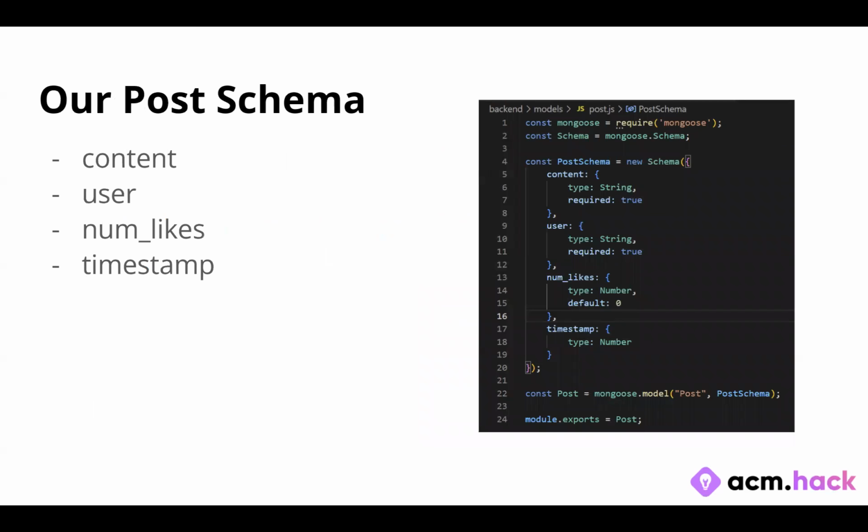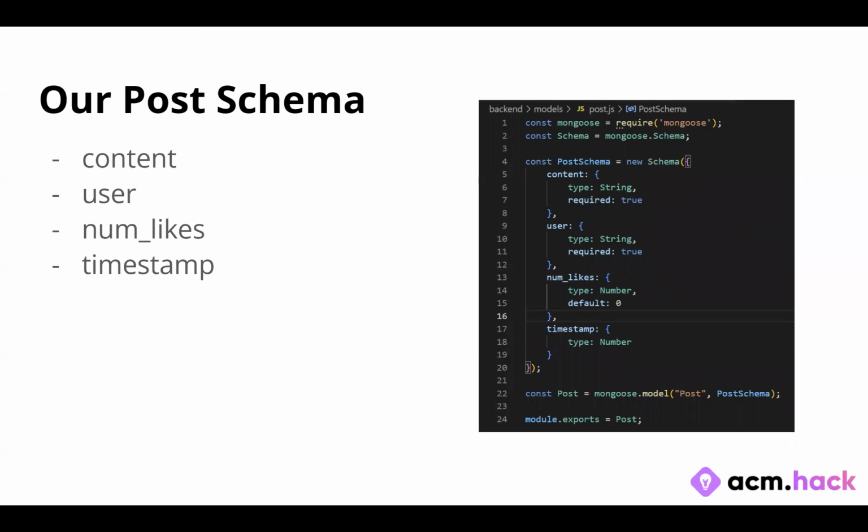In our post schema, we're going to have content, user, number, and a timestamp. I'm going to create this new schema with content, user, number, and timestamp.